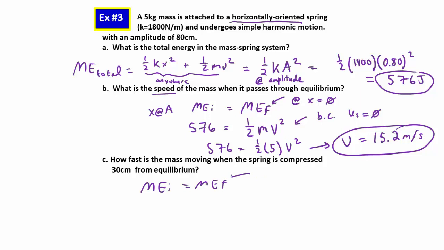Our final position is when the spring is compressed to 0.3 meters, and we're trying to figure out how fast it's moving. So I'm still dealing with the same amount of initial energy. I didn't really lose or gain any. But now we're looking at the fact that there's compression.